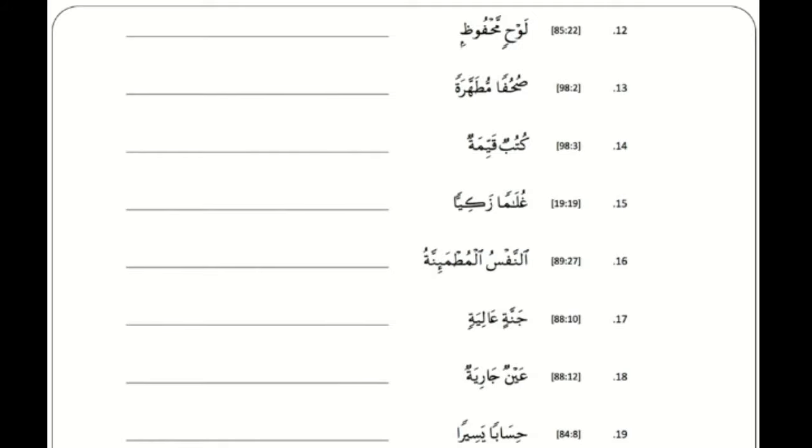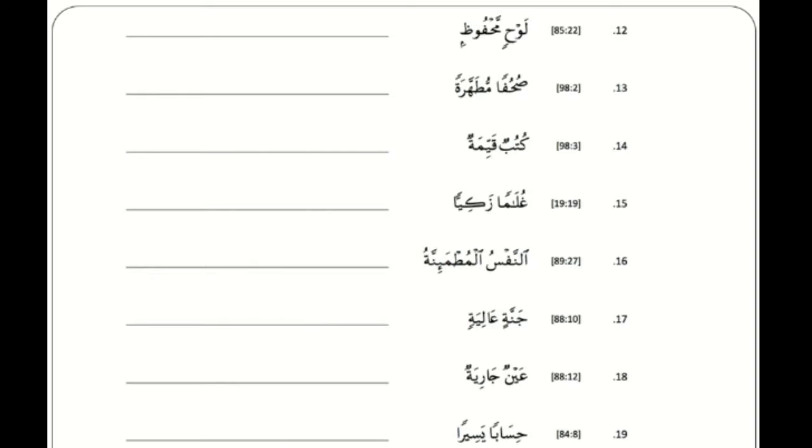Let's go to number 13. Number 13 reads suhufan mutahharatan. What's a suhuf? Suhuf are pages. Therefore you call the copy of the Quran the mushaf, from the word suhuf, because it is a collection of pages. So suhuf means pages.